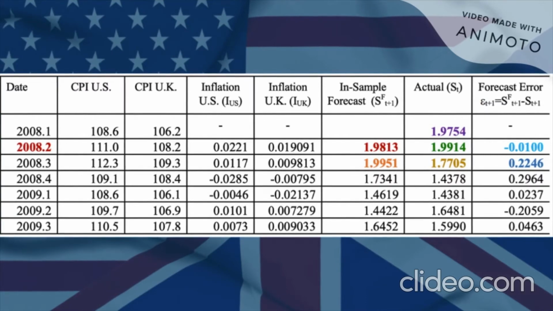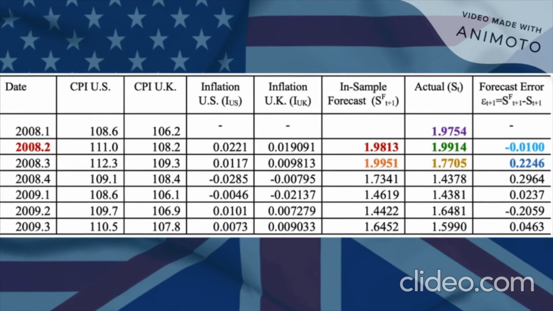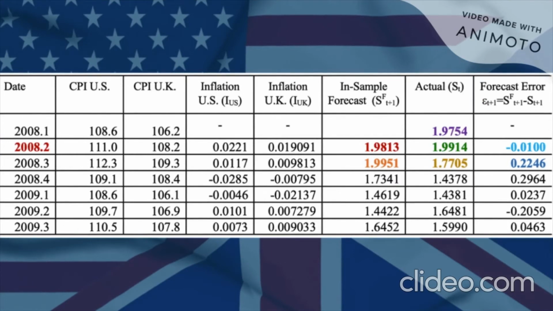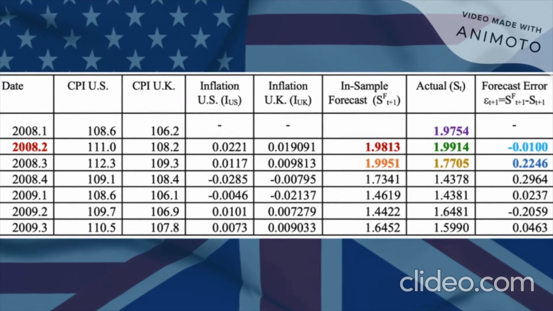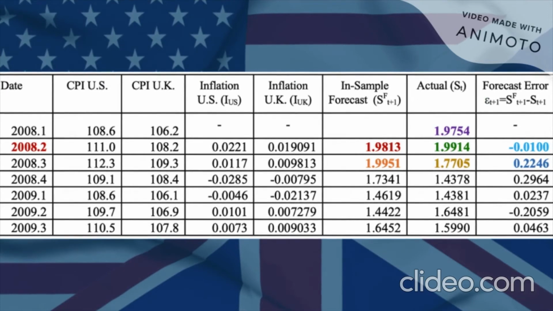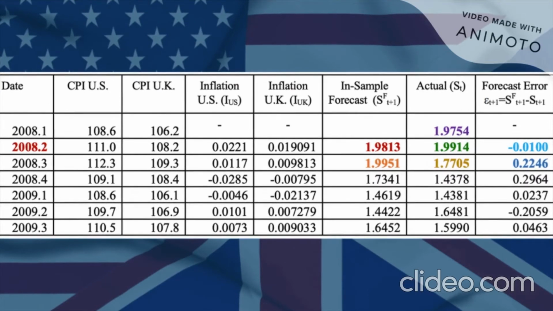In the first column, there is a period of time from the first quarter of 2008 until the third quarter of 2009. The second and third columns are CPIs of both countries, followed by inflation, and the sixth column is the exchange rate forecasted by the forecaster, followed by the actual rate and forecast error.